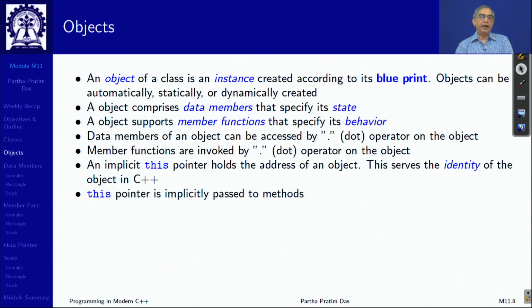In C++, it is simply the address where the object resides. Therefore, that address identity becomes important for the programmer to know, and it is available as a special pointer in every object called the this pointer, right, and it is implicitly passed to every method or member function.